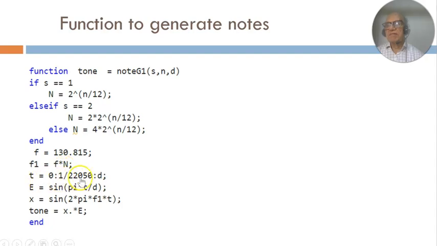Then generate the t vector as we have seen before, generate the envelope, generate the sine note, generate the tone, and then return. So this function can be repeatedly used in order to generate various notes, and then you can put those notes in certain sequences in order to generate the melody.